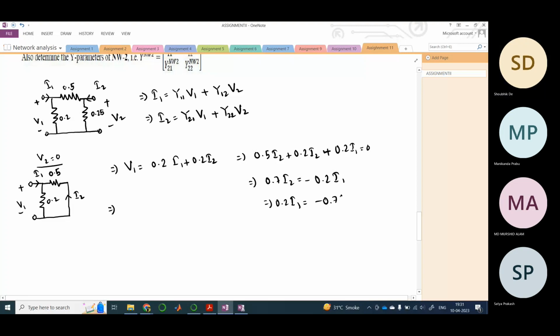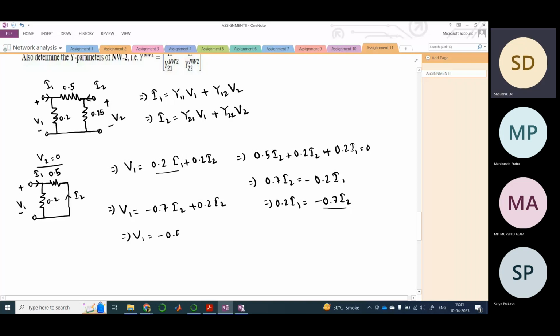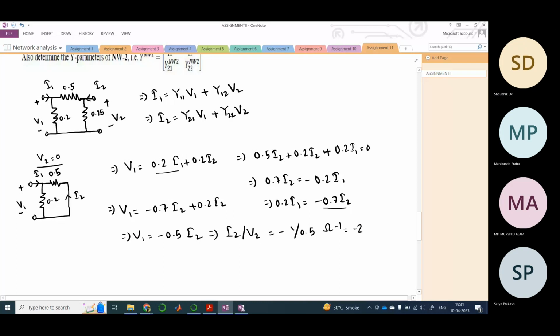So this becomes minus 0.7 I2 plus 0.2 I2. So V1 is minus 0.5 I2. Therefore, I2 by V1 is minus 0.5 inverse, which is minus 2 ohm inverse.